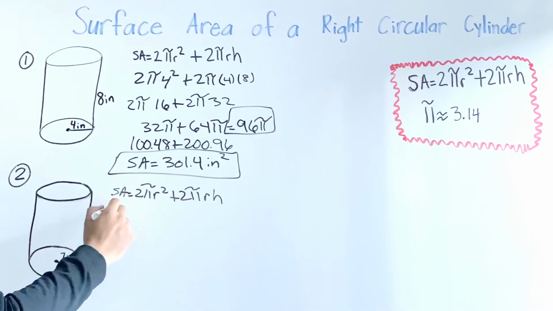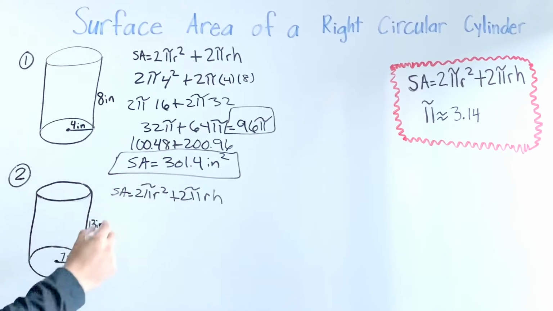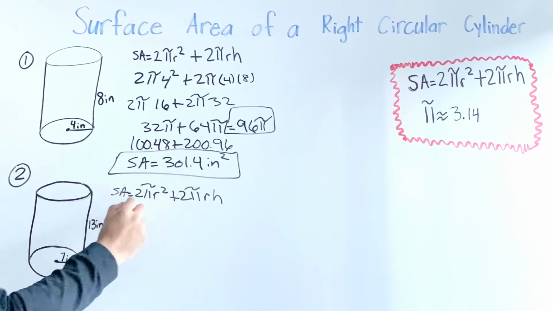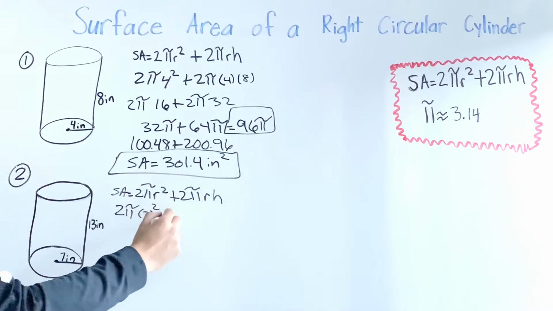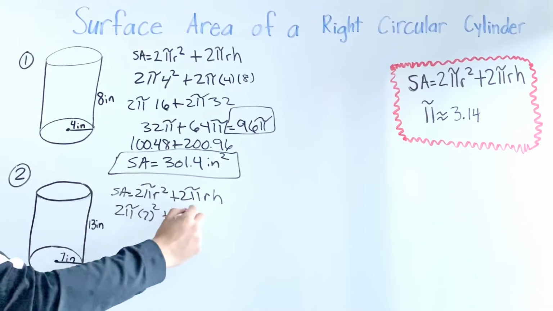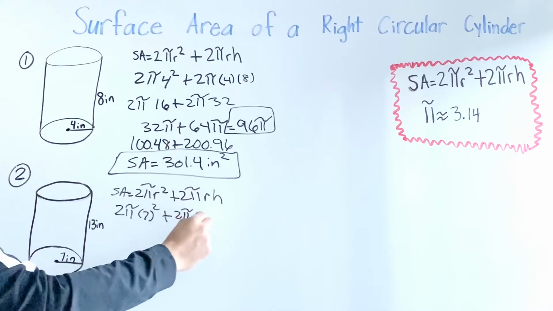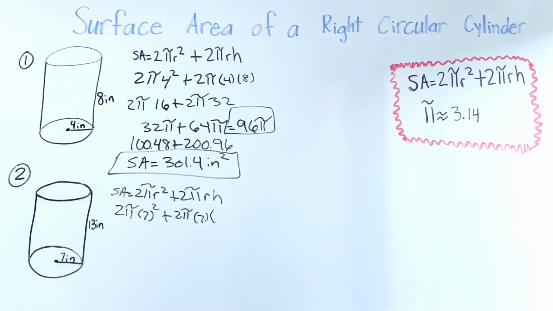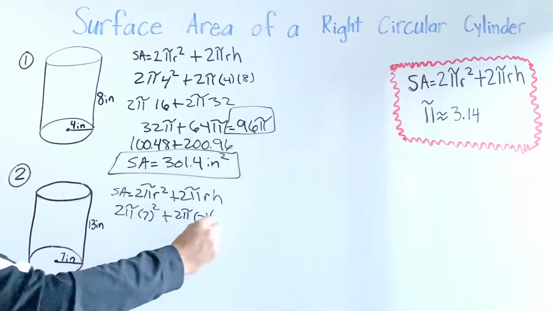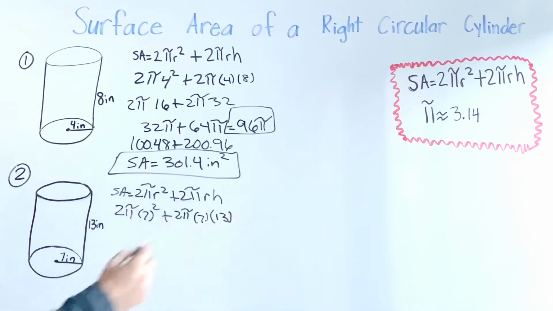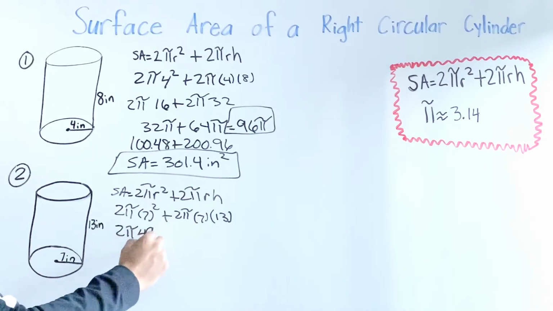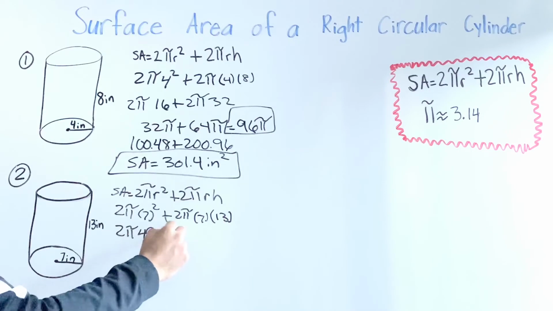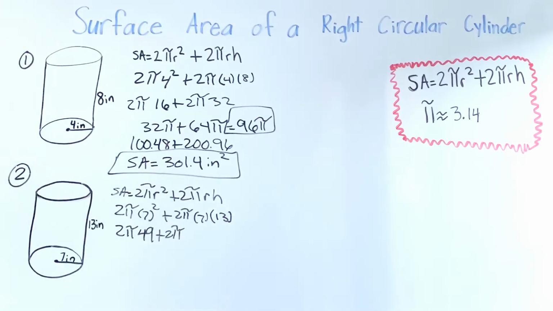And then we input our radius, which is going to be 7, squared, plus 2 pi, where our radius is 7 and our height is 13. Then we multiply that. 7 squared is going to be 49, plus 2 pi, and then 7 times 13 is going to give us 91.